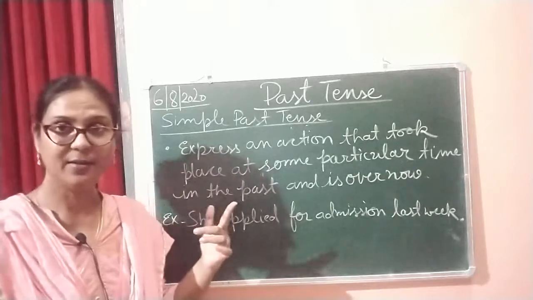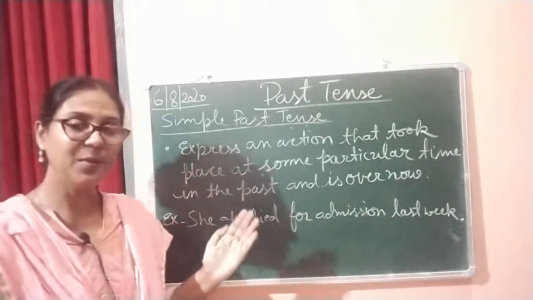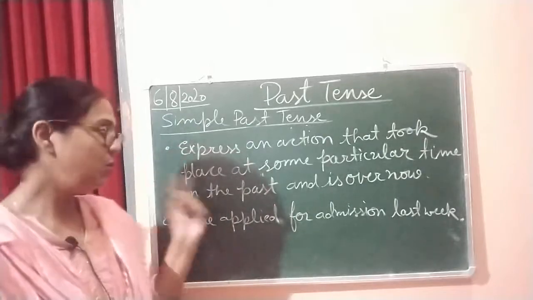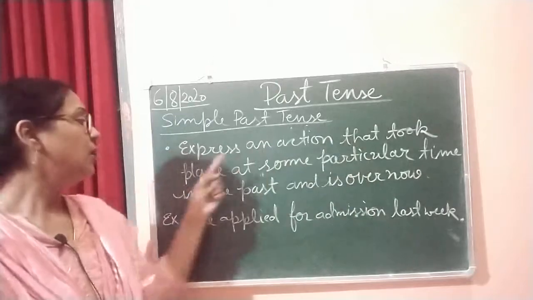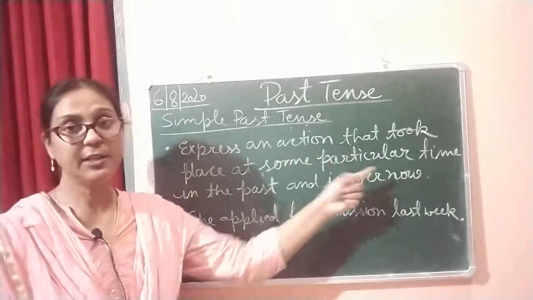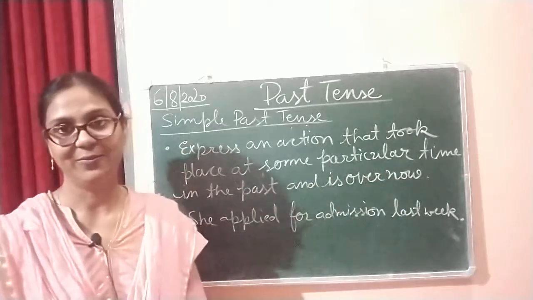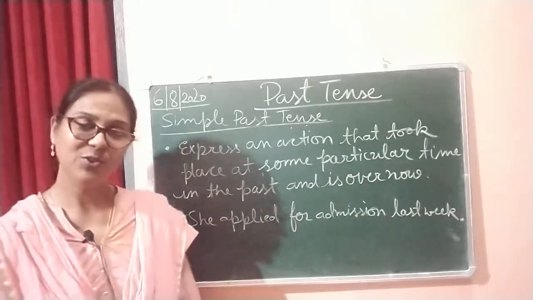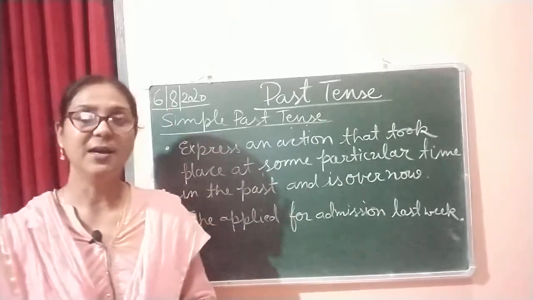She applied. So that is past. So this we have to always remember. Past tense is used to express an action that took place at some particular time in the past and is over now.